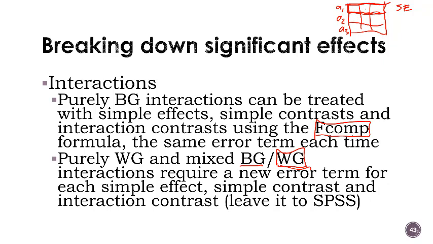So I might as well just rerun that repeated measures design across B for A1, same thing for A2, A3. It's going to give us a new effect, and it's going to give us a new error term. So that's why we can't just plug it into fcomp like we do with between groups. We need to do each one separately.